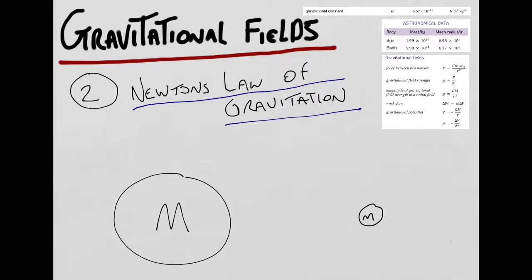We can think about what happens to this as it moves around the big mass. We do it this way because the little mass is negligible compared to the big mass, and therefore its gravitational field has a negligible effect on the big mass. Therefore we basically ignore it and the maths becomes nice and easy.